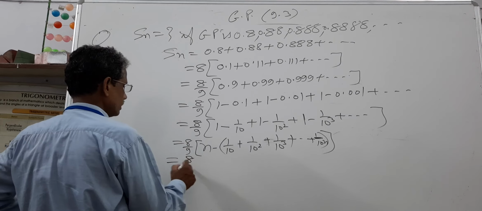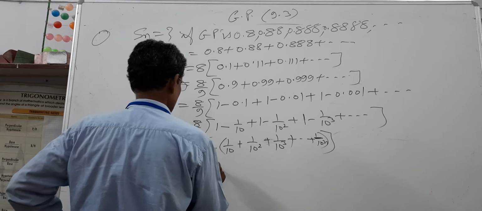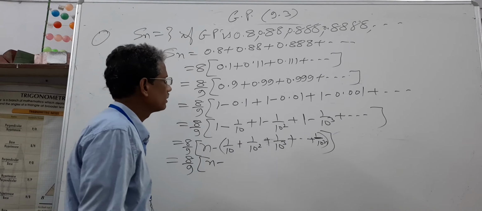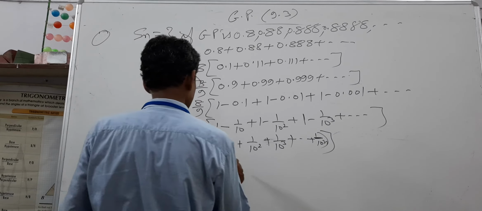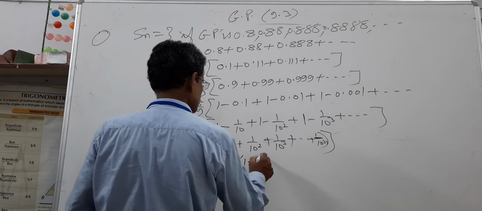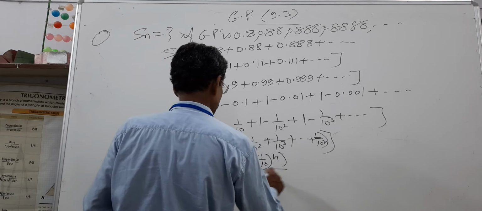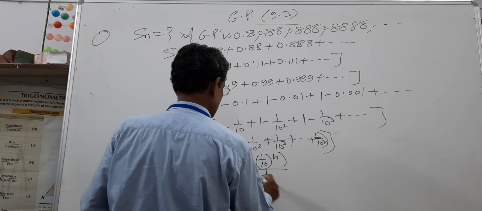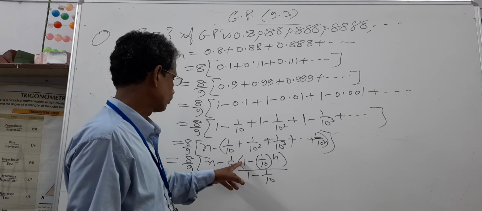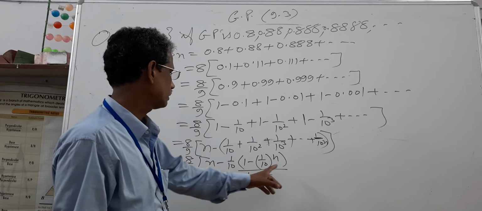This becomes equal to 8 by 9 into [n minus, here the value of r is less than 1, so use the second formula: a(1 minus r power n) upon 1 minus r].